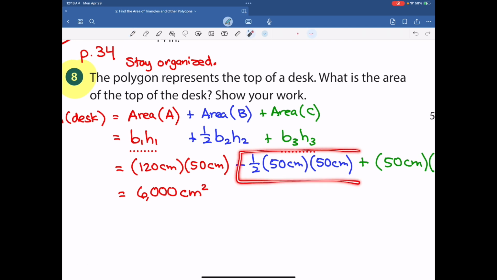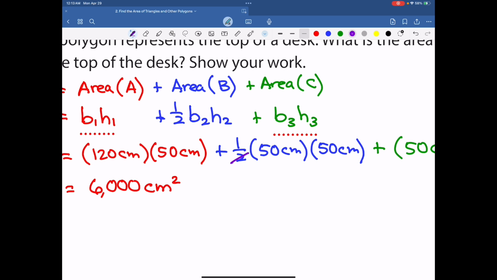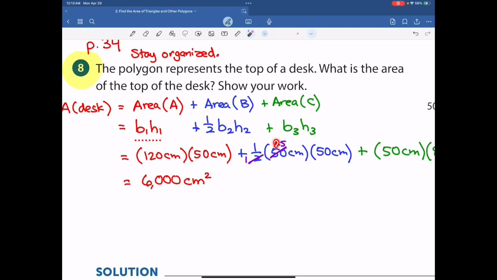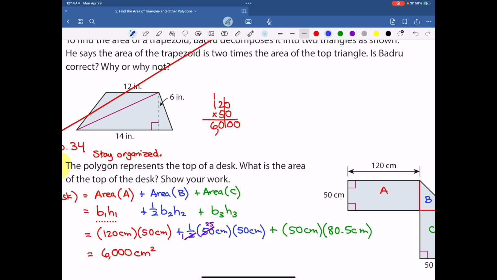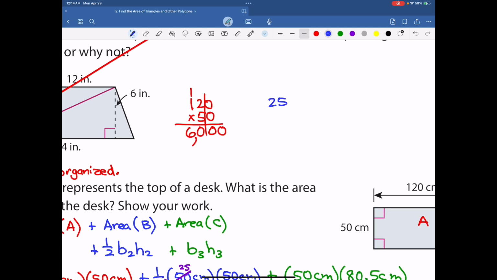Next up, the triangle in blue. So let's simplify first. We'll simplify in purple. The 2 and the 50. Divide by 2, divide by 2. That gives me 1 and 25. So it looks like I need to do 25 times 50. I'll do it up here in blue, with my hanging zero. Let that hanging zero hang out all by itself.